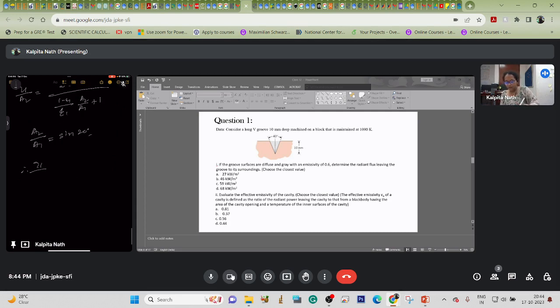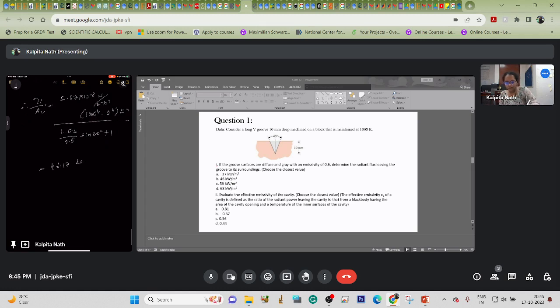Therefore Q1 upon A2 is equal to 5.67 into 10 to the power minus 8 watt per meter square Kelvin to the power 4, times 1000 to the power 4 minus 0 to the power 4 Kelvin to the power 4, divided by (0.6 upon 0.6) sine 20 degree plus 1. So this will be equal to 46.17 kilowatt per meter square.